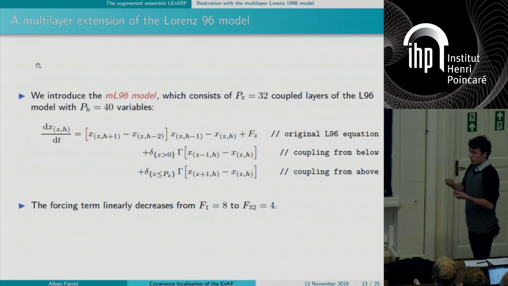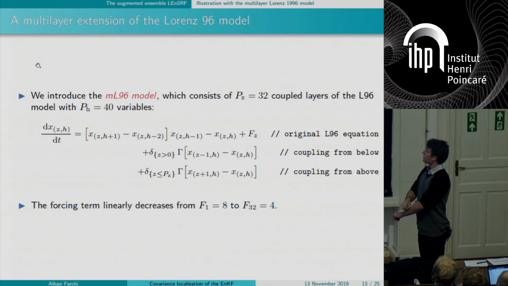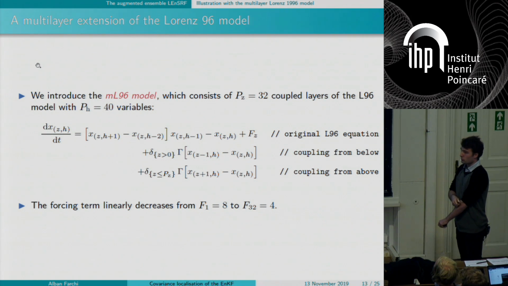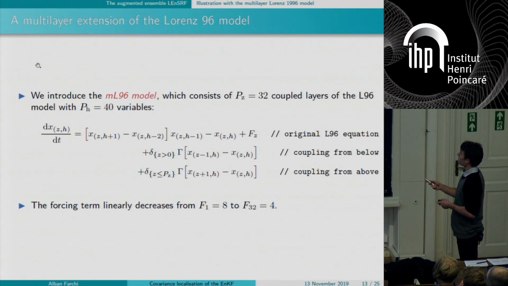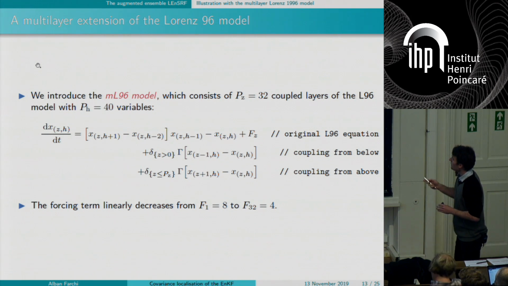So we now want to provide a second test series in which we test satellite observations. In order to do this, we introduce a multi-layer extension of the Lorenz 96 model. This multi-layer extension consists of 32 coupled layers of the original model with 40 variables.